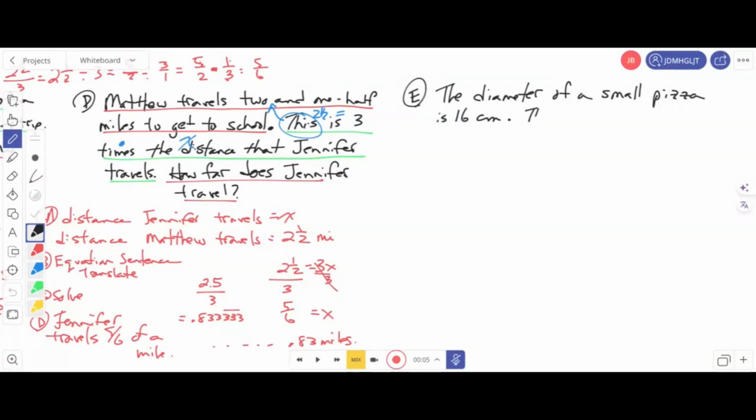This is 2 centimeters more than 2/5 of the diameter of a large pizza.